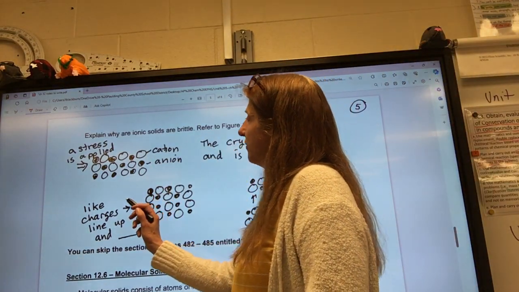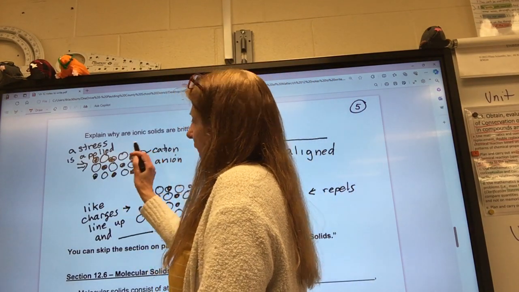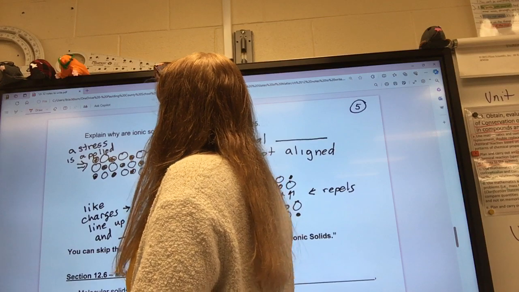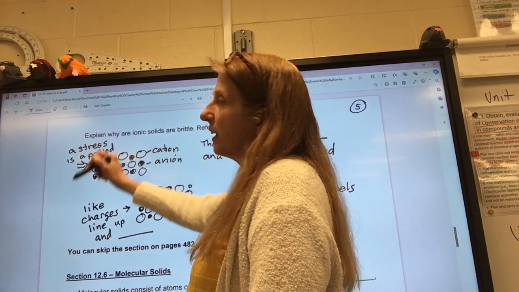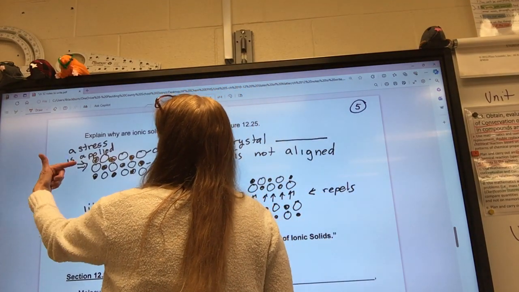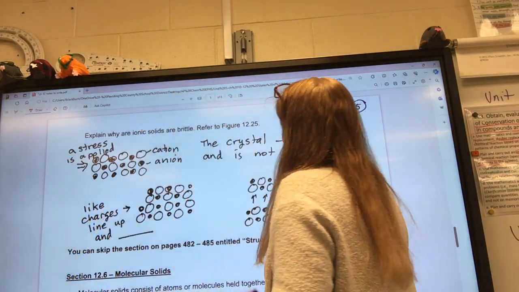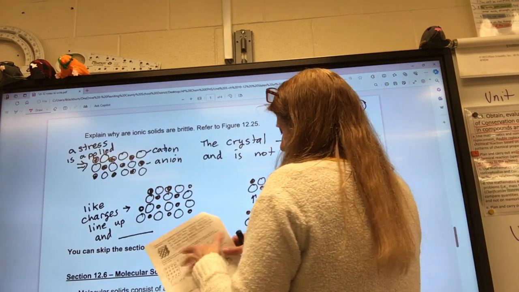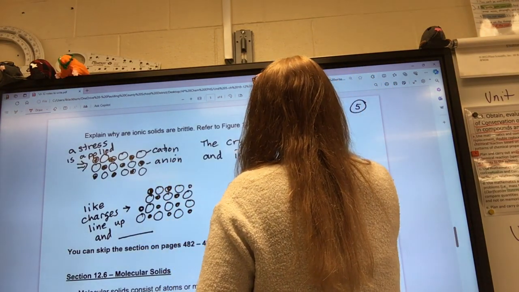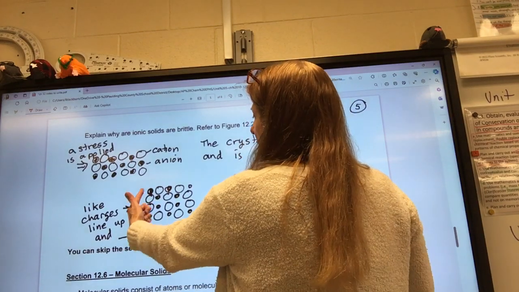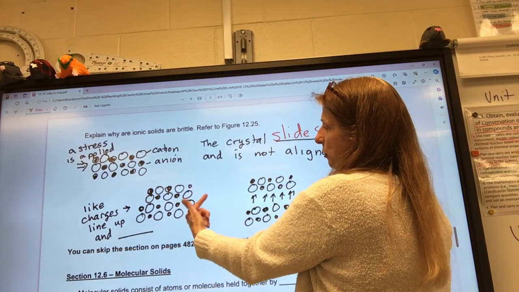Well, it's because of this. Here I've got my crystal lattice of sodium chloride. Sodium chloride, sodium chloride, cations and anions. And they're being held together by attraction. But what if I push right here? Here's my hammer, bam, and I hit it. Then the crystal is going to slide over, so we're going to put slides. And then it's not aligned right anymore.